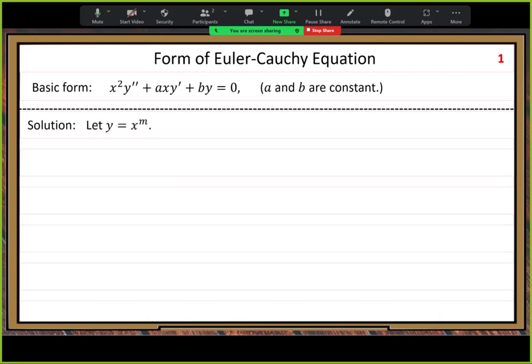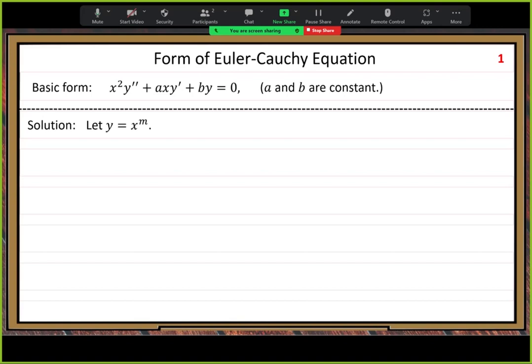Let y equals x to the nth power, this form. You need to have very good imagination to get this substitution, because it's not easy.